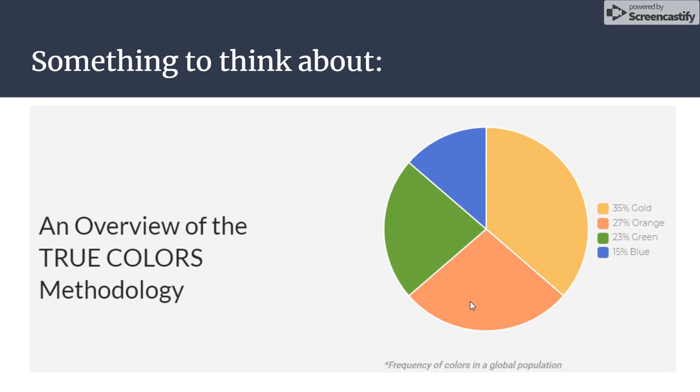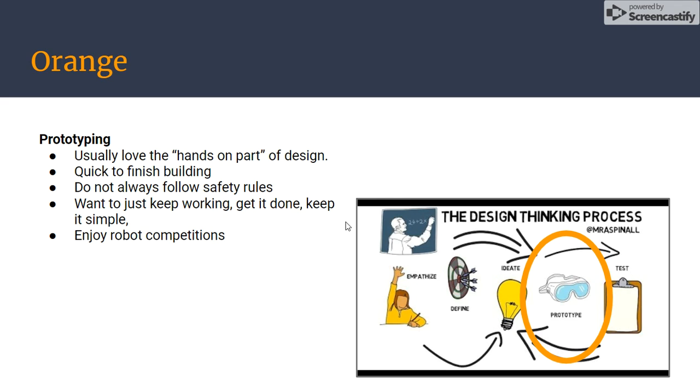Sometimes in classes we have a divide between people who want to do things theoretically and people who want to do things practically, or just jump right into problems. It's useful in lesson planning and design to think about what different colors and personality types are, globally, as far as numbers. In the robotics and tech classroom, I think most people agree that orange people usually love the hands-on part of design.